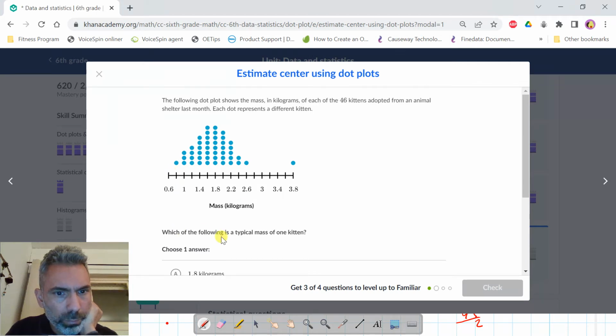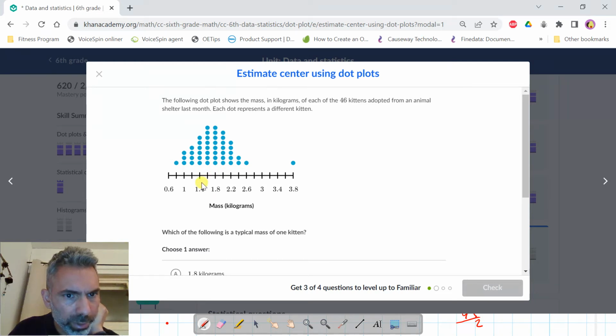Which of the following is a typical mass of one kitten? Okay, so we see that the greatest number of kittens has a weight of 1.6 and 1.8.